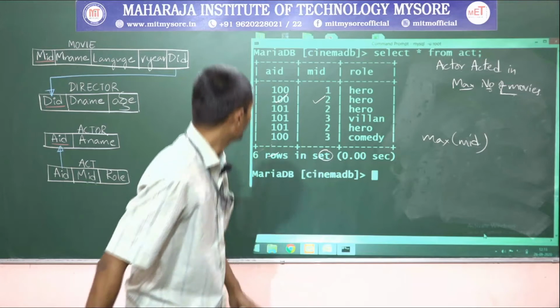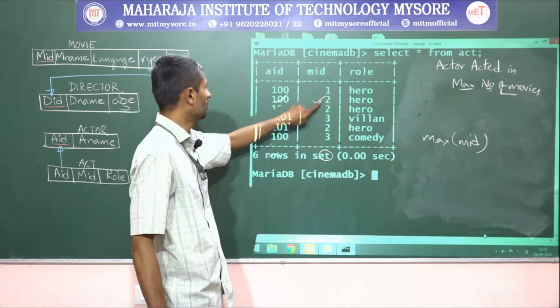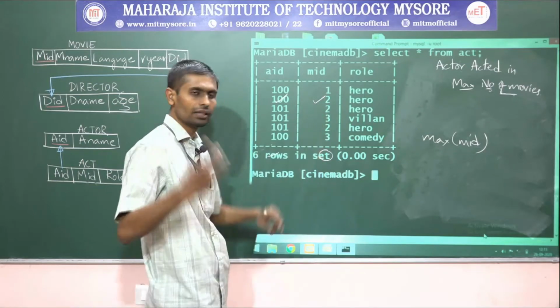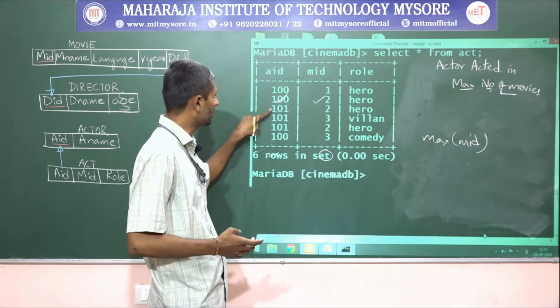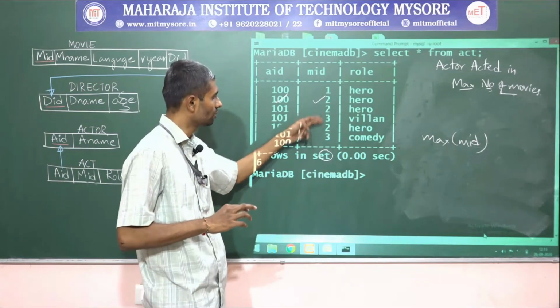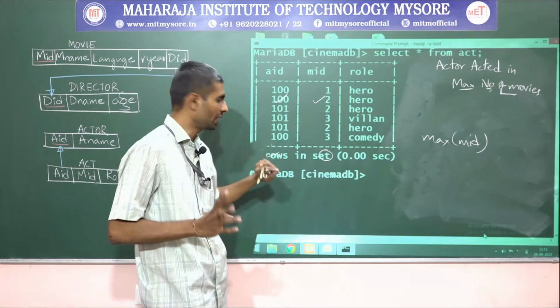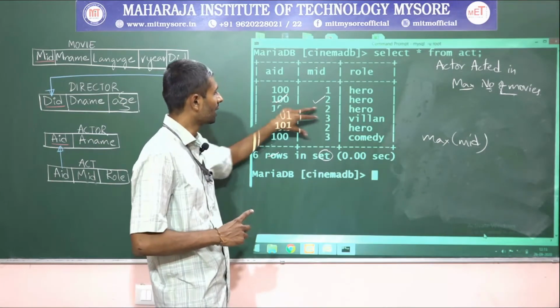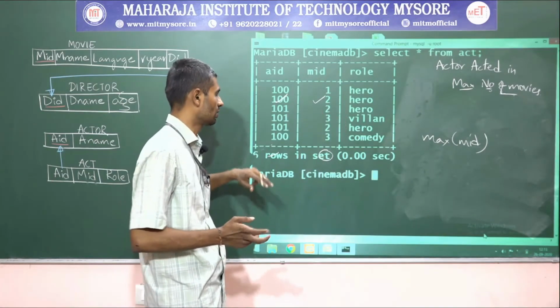Now guys, when I see this answer, 100 with 2 and 100 with 3, actually 100 acted in 3 movies and 101 acted in 2 and 3, that means 2 movies, because though 2 occurred twice, that will be treated as a single movie, right? So 101 acted, but in different roles, that's it.